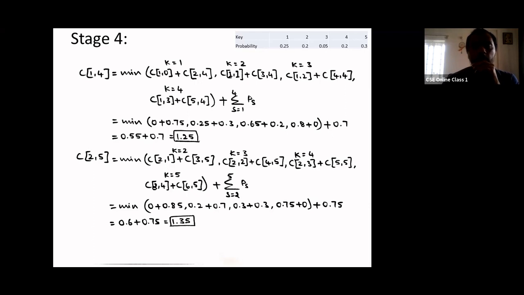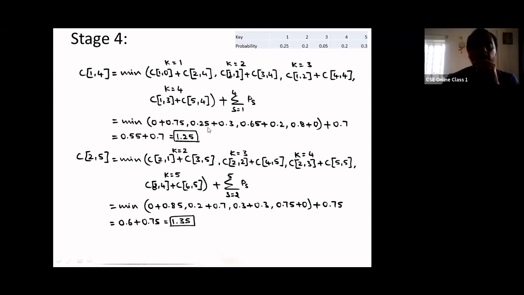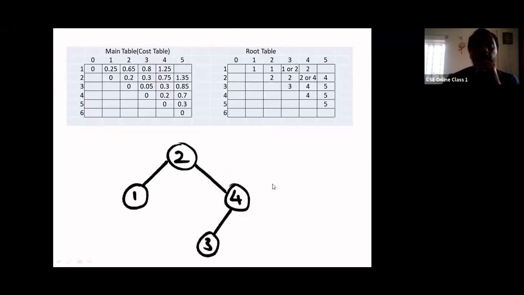Key 4. Yes, sir, key 4. So in the first case, 1 to 4, it is key 2, and in the second case, we have key 4. Therefore, according to this, we will fill the cost table as well as the root table. So we have 1.25 and 1.35 as values, and the respective keys are 2 and 4.